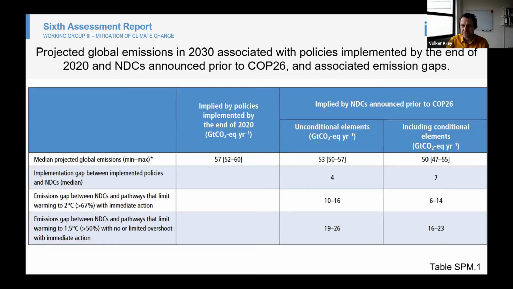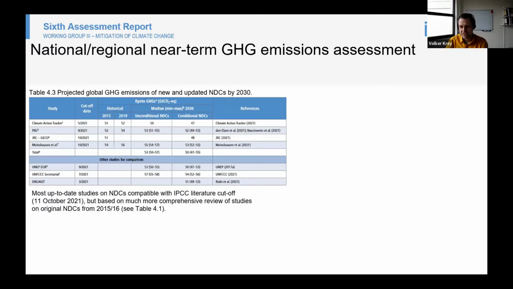But this information is actually coming out of chapters 3 and 4. Chapter 4 here contributes specifically an assessment of studies that have looked into where NDCs as well as current policies will get us in terms of emissions outcomes by 2030.